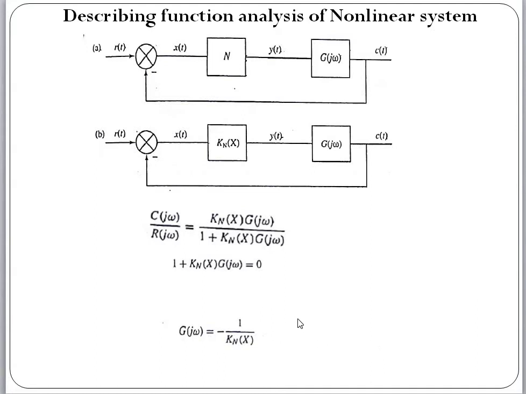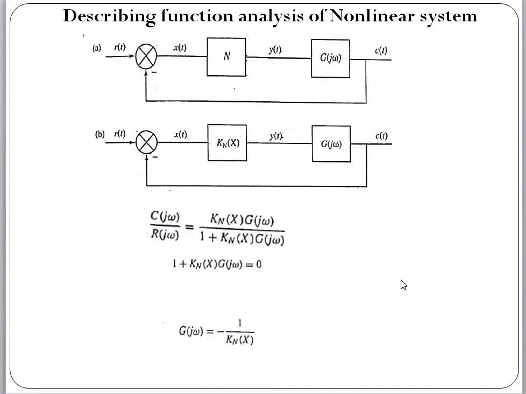That means in the case of a linear system, where K is the gain of the system, the criterion for stability is that the polar plot of K into G of j omega does not enclose the critical point. What is the critical point? The critical point is minus 1 plus j0. If it does not enclose the critical point, then the system is said to be stable, where K is the gain of the system, which is constant and does not depend upon the input.